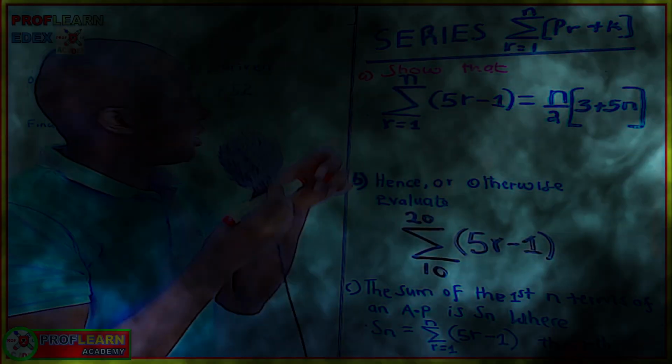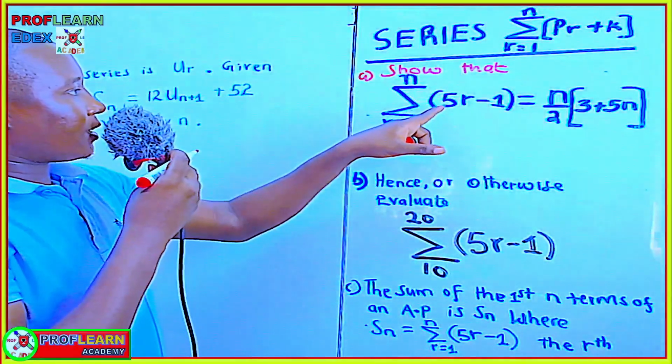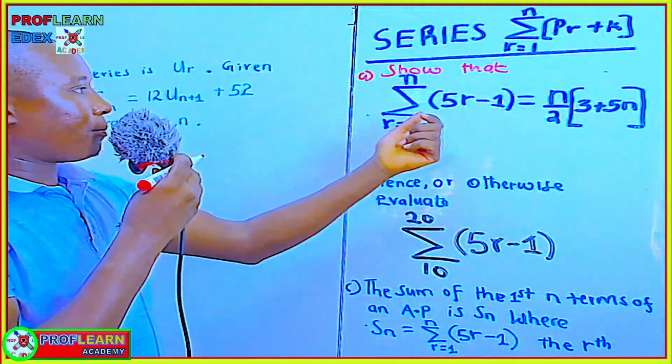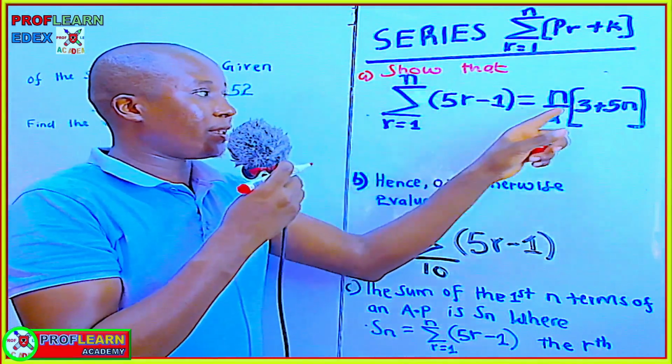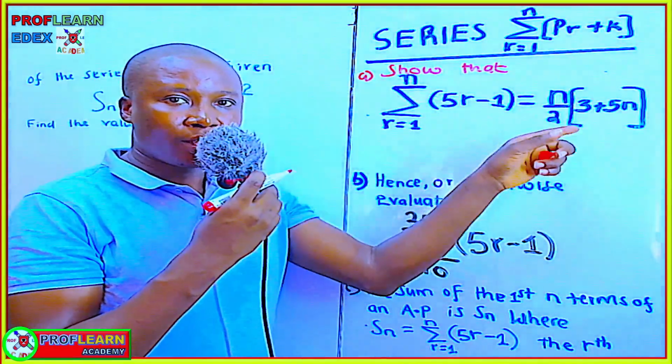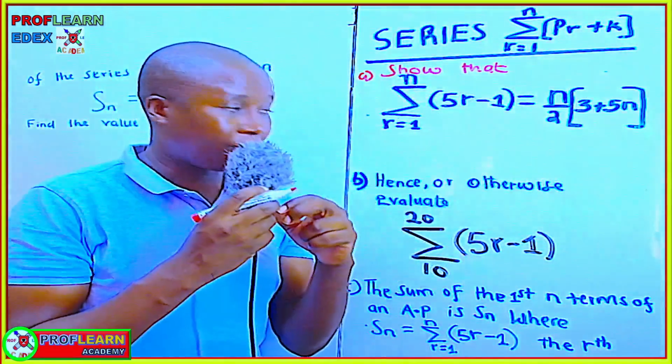We are told to show that the sum of 5r minus 1 from r equals 1 to n is given by n over 2 into 3 plus 5n.